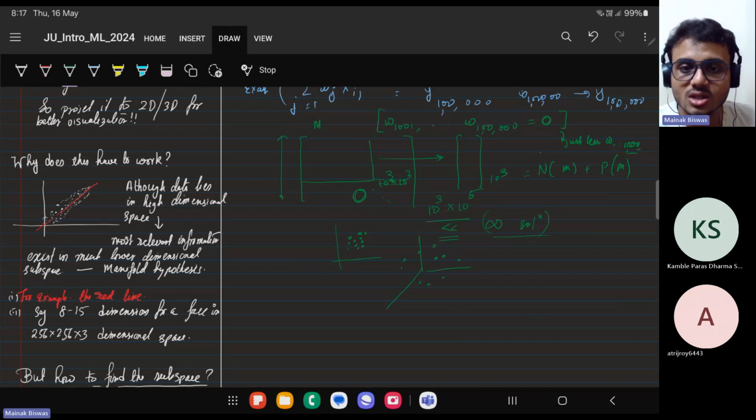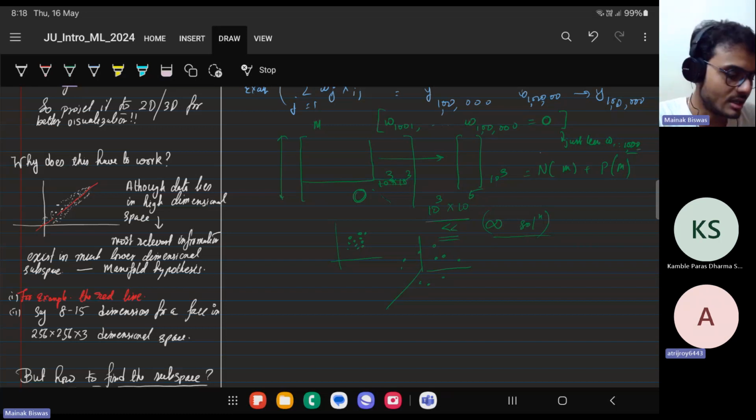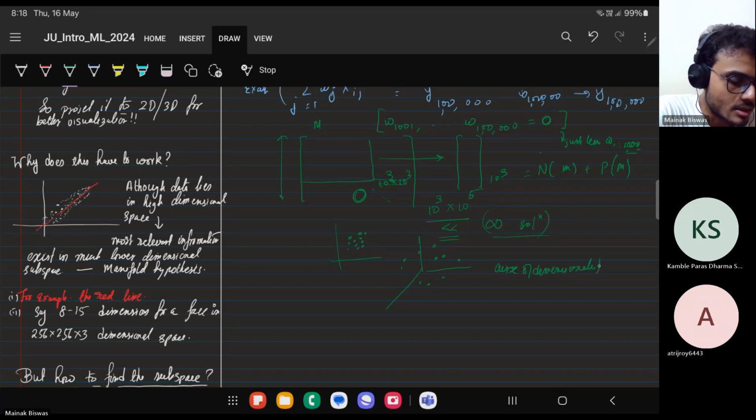As the number of dimensions increases, if the number of data points remains the same, you will only have very, very widely scattered data points. Yes or no? This is called the curse of dimensionality. As dimension increases, data points scatter exponentially.